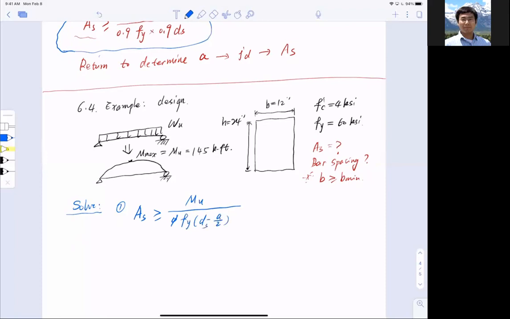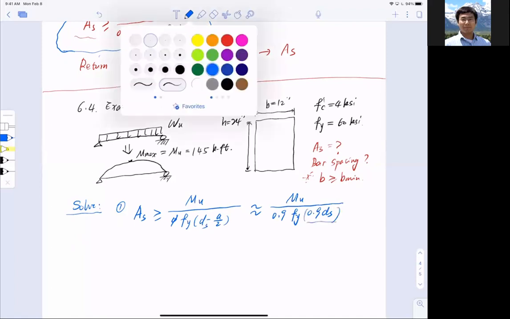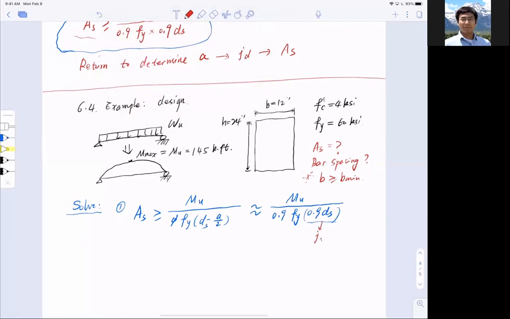And we said this is approximately equal to Mu divided by 0.9, Fy, and another 0.9 and ds. If you were wondering what this fellow is doing here, this is essentially assuming the JD. And now let's say I assume one layer of steel to begin with.